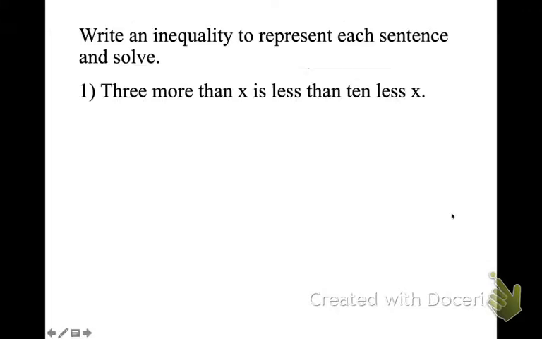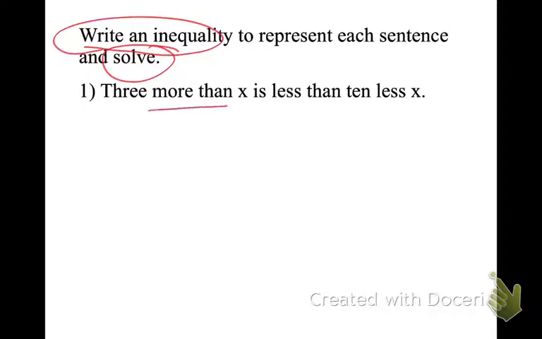Okay, here we go. Let's try it. Write an inequality to represent each sentence, and solve. So we're writing the inequality, not the equation, basically what we were doing before, and then we have to solve it. So there's 2 actions here, 2 verbs. So 3 more than X. I've got this "more than" right here.